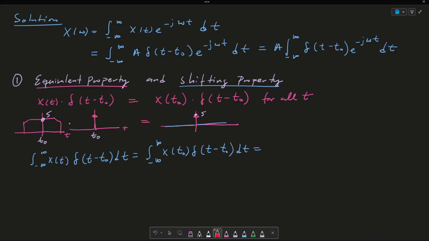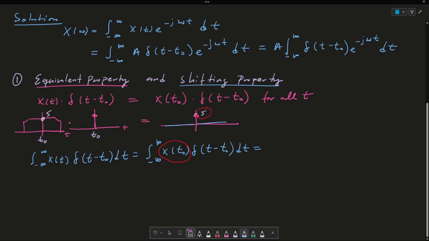Then this here is just a constant. We talked about it maybe being like a 5 or a regular constant, so we could pull it out. This becomes x of t0 integrated from negative infinity to infinity of delta(t - t0) dt.